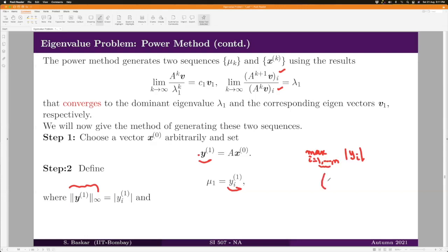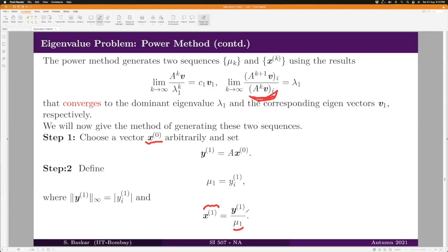Say for instance, your y vector is 1, 2 and minus 2, then y attained its maximum at the second component and third component. So you can take the second component as your i, that is i equal to 2. So once you take that, then define x1. Remember, you started with x0. Now you are defining x1 as y1 divided by mu1.